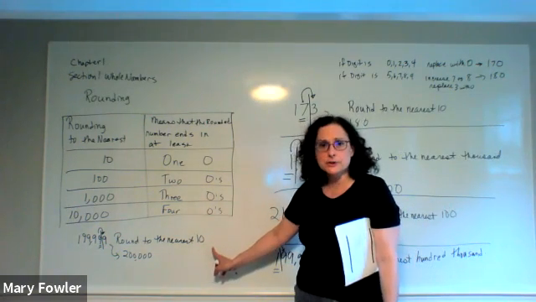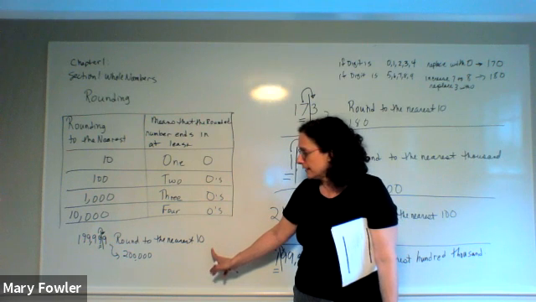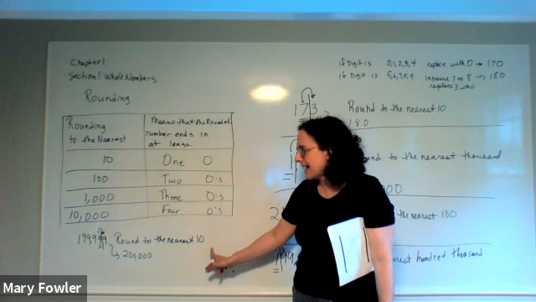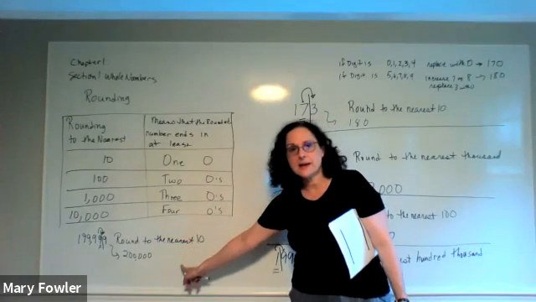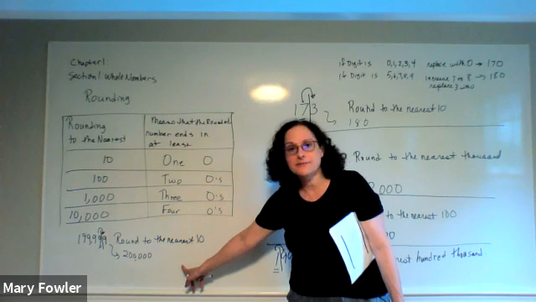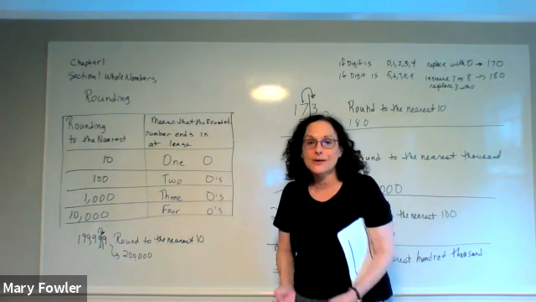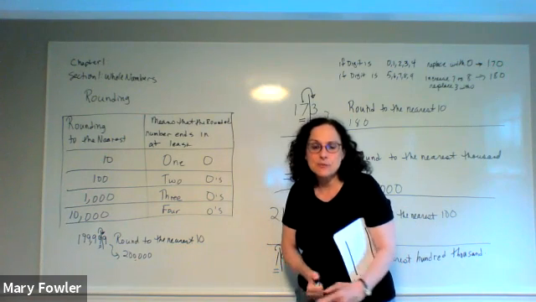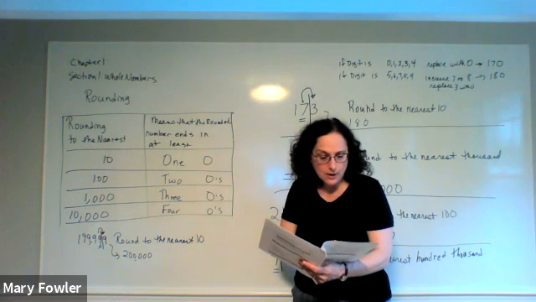That same number, 199,999, rounded to the nearest 10, is supposed to have at least one zero. Does it have at least one zero? It does. As a matter of fact, it has 5 zeros, and 5 zeros is at least one. Okay. All right, let's see if there's any more interesting tidbits from the textbook author.